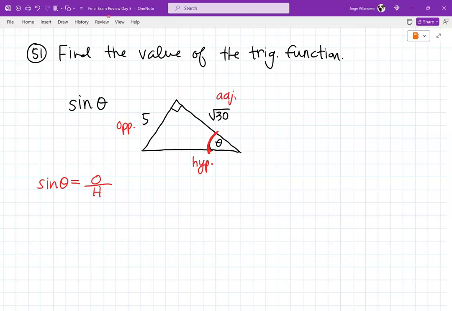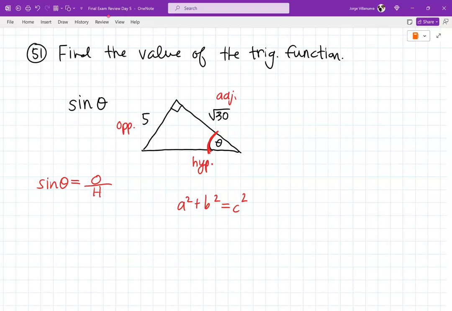Now, if I need sine, I need opposite and hypotenuse. I have opposite, but I don't have hypotenuse. So I've got to figure out the hypotenuse. I'm going to use the formula a squared plus b squared equals c squared. In this case, I'm solving for c, because the hypotenuse is always the c value.